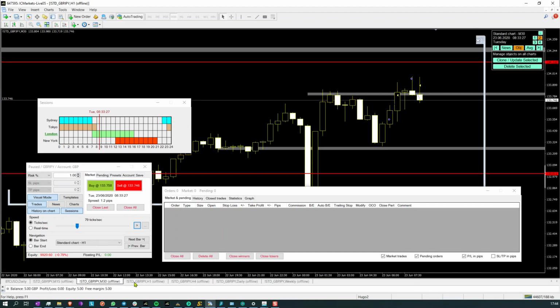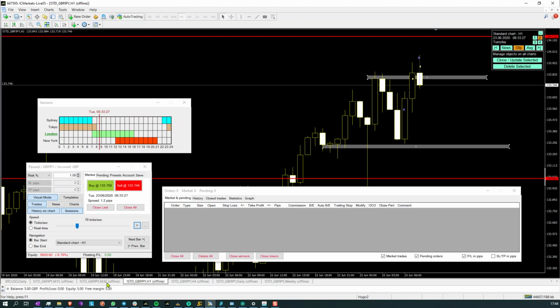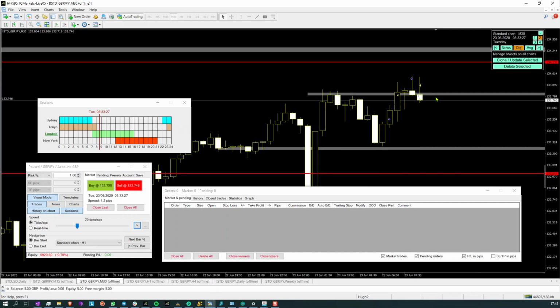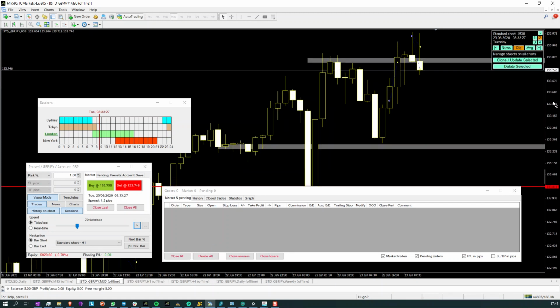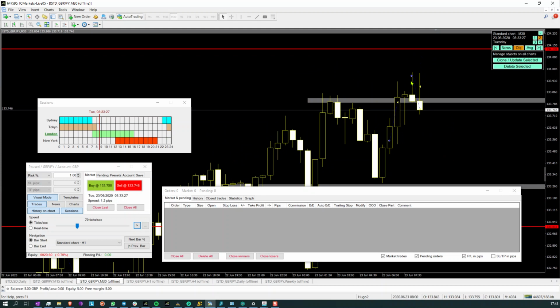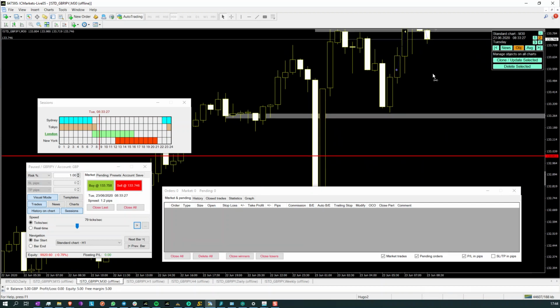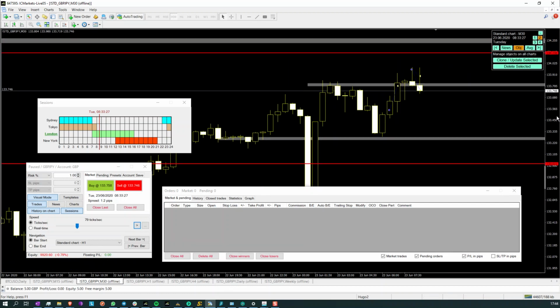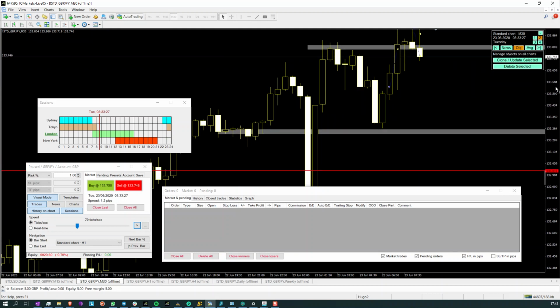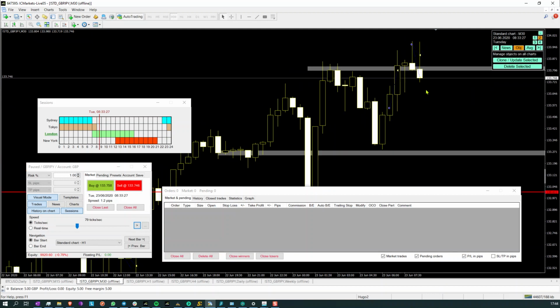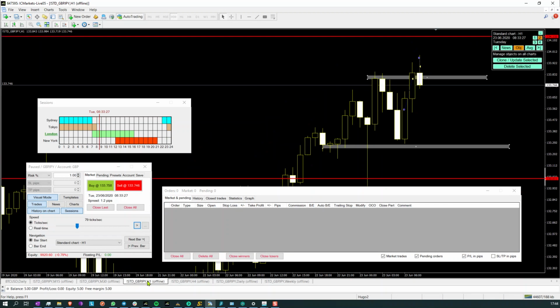Man. Very unfortunate trading here. Okay, now we are back inside the range with this M30. So that was a false break, and probably we should be going down.